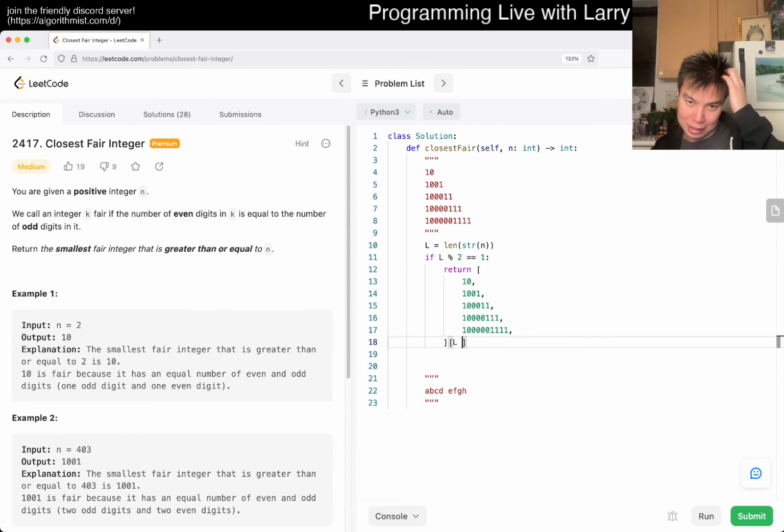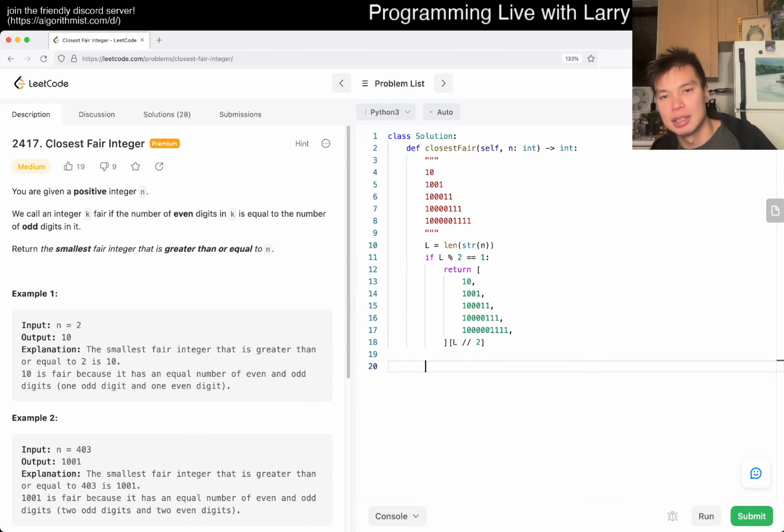So if it's 1 digit, it goes to 0, if it's 2, it goes to 1. And otherwise, if it's an even digit, we just keep on incrementing, right? So while not good of n, we increment, and then we just return n.